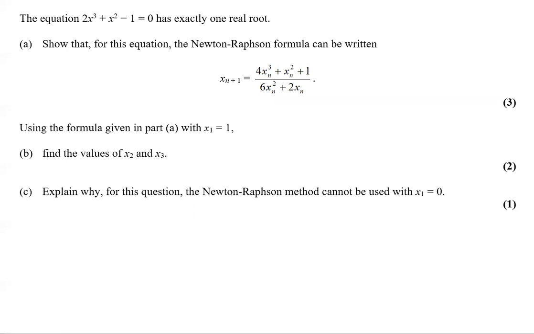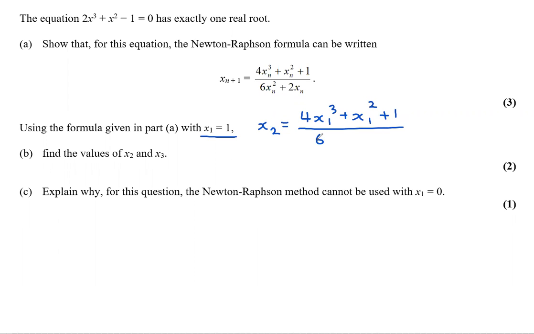For the next part, we have to use the formula to find the values of x2 and x3. Now, just very quickly, you're going to have to show a little bit of working here, and it's not always clear how much you need to show. Because it's an iterative formula, if x1 equals 1, then to generate x2, we have to sub in x1 into the right-hand side.